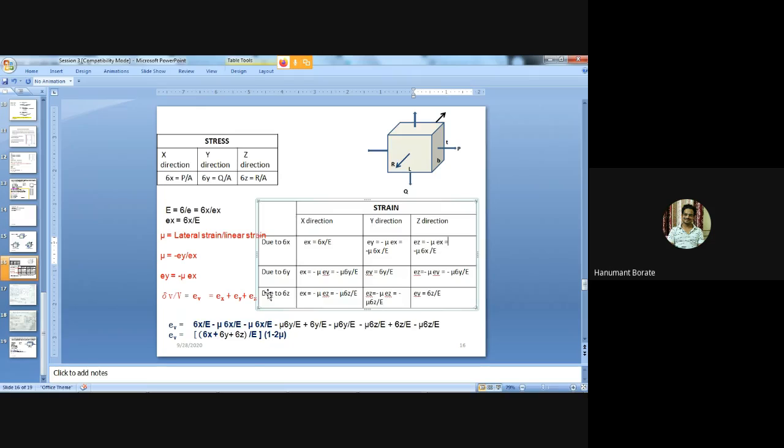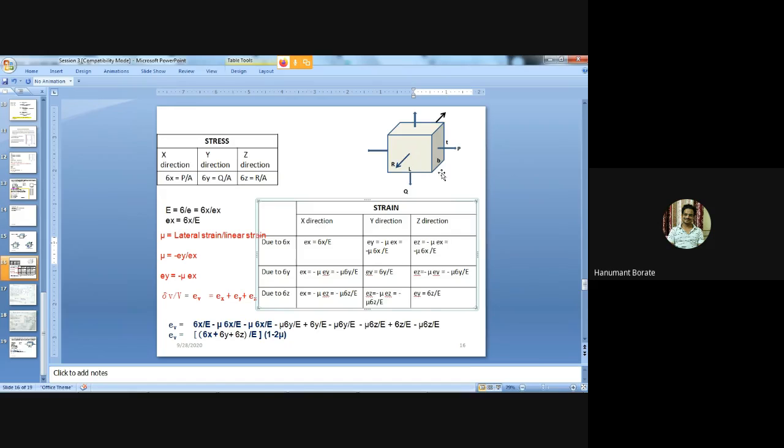Now third, strain due to sigma z means we are applying the force in the z direction. Here the force is R. Now forget about these two, P and Q. Just concentrate on the R force and check the effect. If we are applying the force in the z direction, this breadth dimension is going to increase. This is the linear strain, because we are measuring the deformation in the direction of applied force.